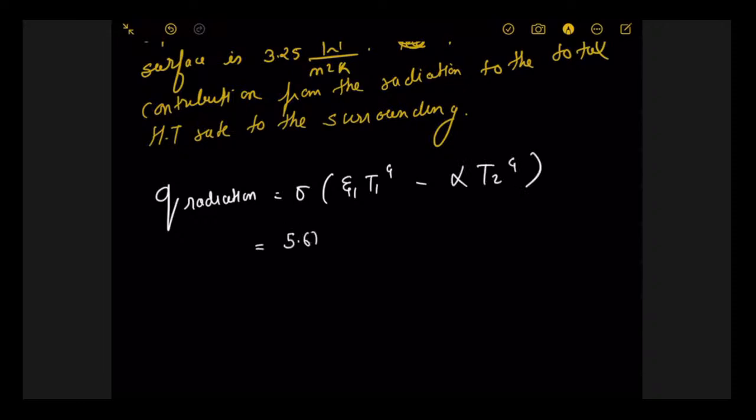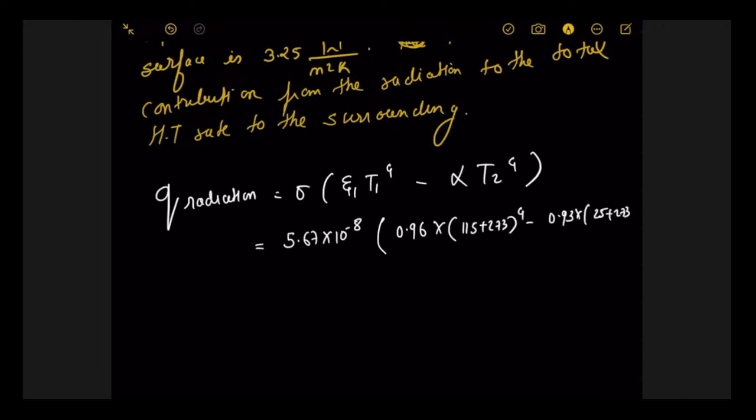So it is 5.67 into 10 to the power minus 8, 0.96. What is the temperature? 115 plus 273 to the power 4 minus 0.93 into 25 plus 273 to the power 4 is equal to 817 watt per meter square.